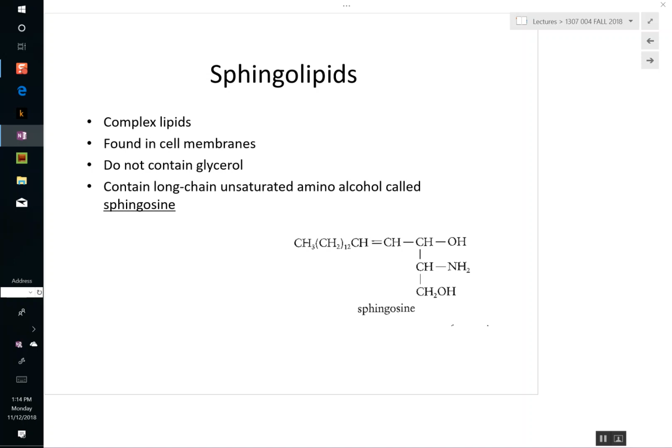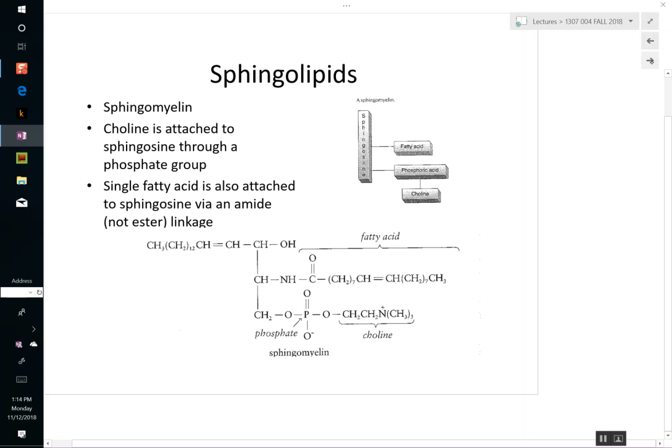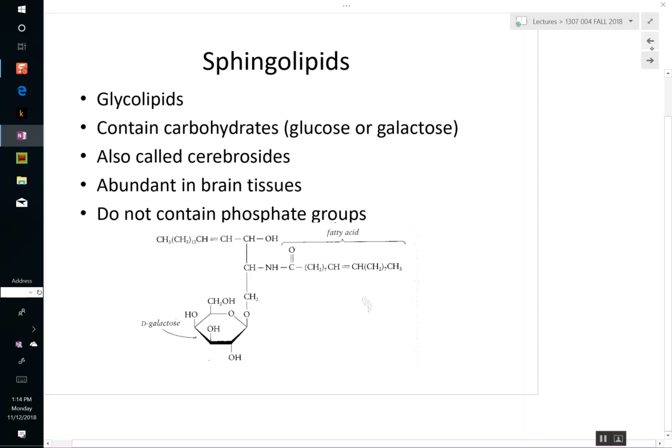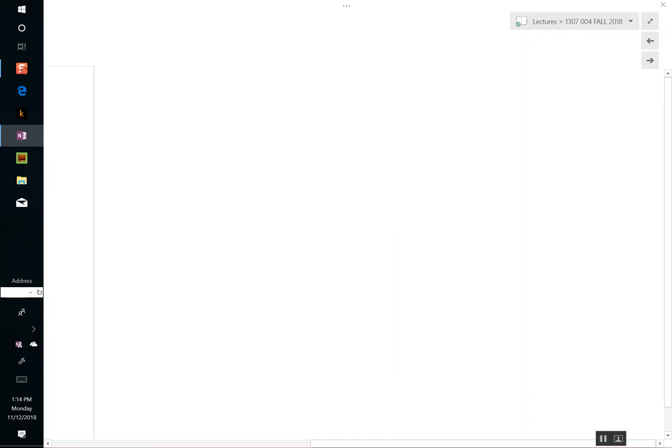All right, so let's go on to steroids. Okay, find a blank spot in your notebook.